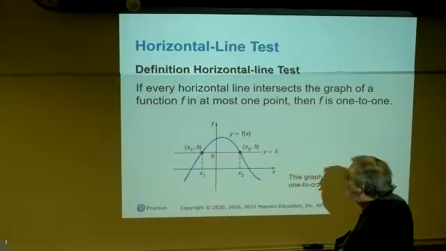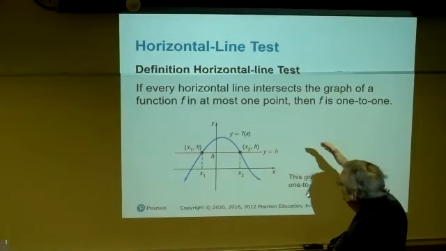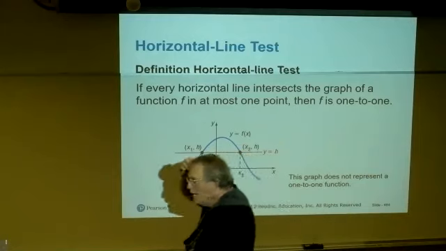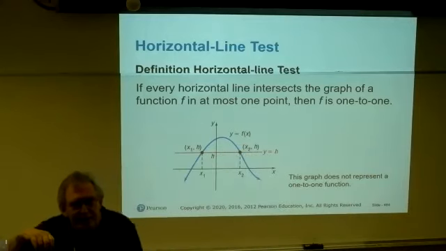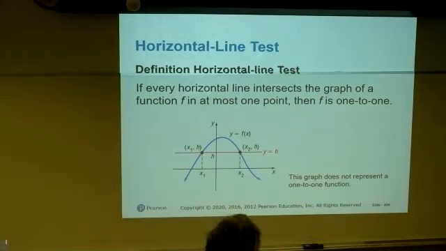So for it to be a one-to-one function, the horizontal line intersects the graph at most at one point. Since it intersects it twice, it's not a one-to-one function. It is a function, but it's not one-to-one.